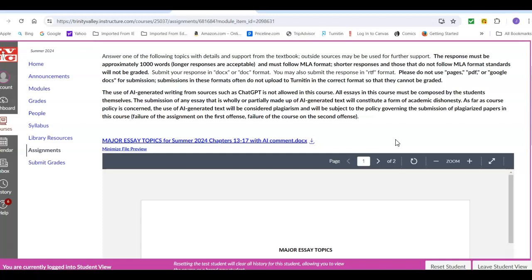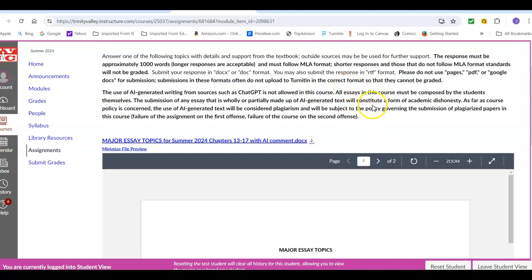Keep in mind, please, that not just ChatGPT and the other AI engines, but also Grammarly is considered an AI engine. When it goes in and changes your phrases and phrasing, which Grammarly does, it automatically updates and changes it, then that means an engine is writing the essay, and that will show up.